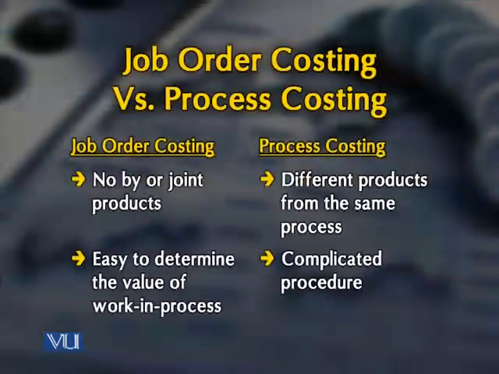Now, in job order costing, another difference is that there are no joint or by-products. You are doing one particular job and handing it over to the customer. But in process costing, you may come across a number of products coming up from one joint process. If I give you an example, let's say you have a cow, and if you slaughter it, you can see how many types of products you are getting out of it.